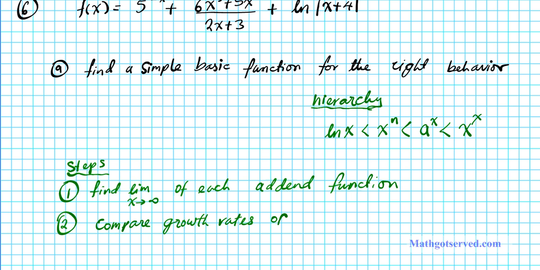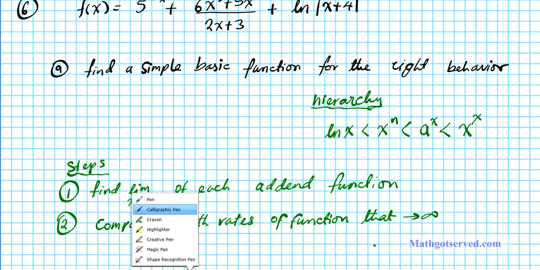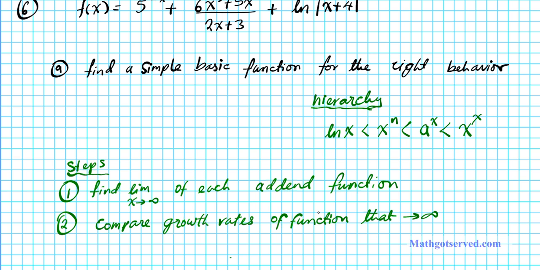If a function goes to a constant, then that function is not a model for the end behavior, because it's just a constant, it doesn't count. We're focusing mainly on the functions that grow, and out of the ones that grow, the one that grows the quickest will be our right behavior model, of course, as x goes to infinity.